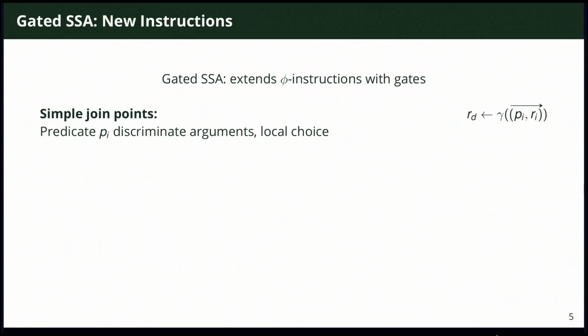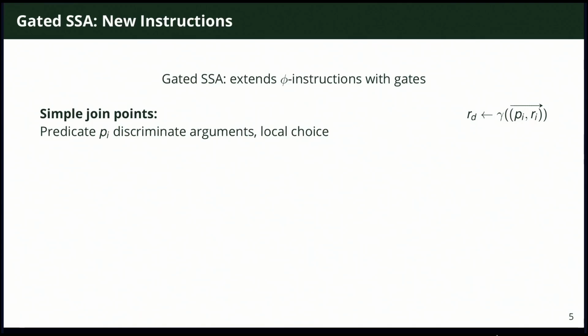And so the main structure of gated SSA is that we introduce these new gating functions. As the base of gated SSA, we have two new gating instructions that will replace all the phi instructions.